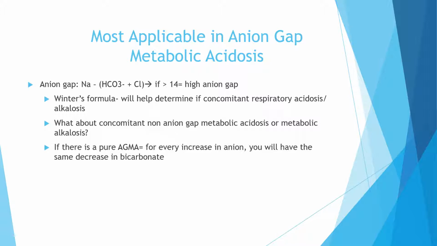However, how do we determine if there is also a concomitant non-anion gap metabolic acidosis or metabolic alkalosis? The rule of thumb is that if there is a pure anion gap metabolic acidosis, for every increase in anion gap, you should have the same decrease in bicarb.